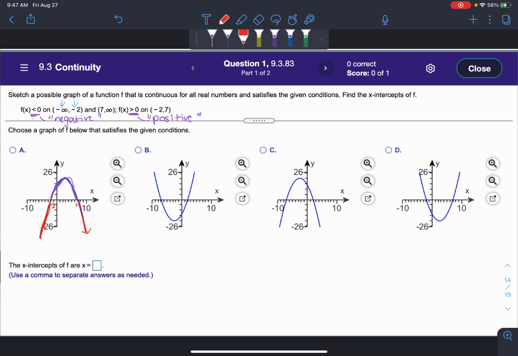So for here in B, this seems to be negative 7 and 2, so it's kind of flipped. So that's your first indicator that this probably isn't the answer.